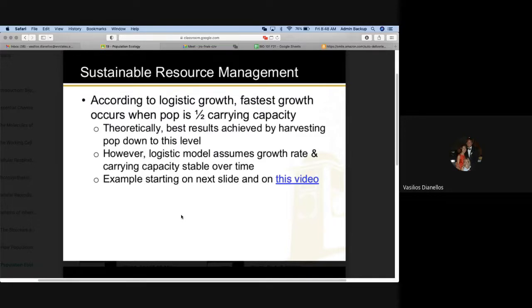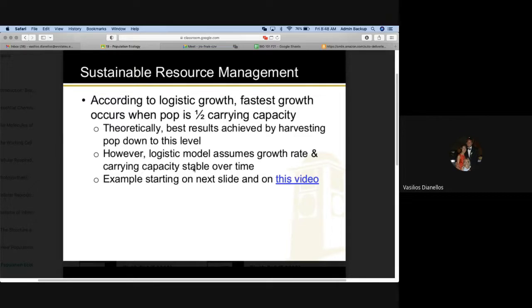Now that's a hard thing to do because first of all, you have to calculate the actual carrying capacity. As we talked about earlier, that's all theoretical. We don't actually know the exact carrying capacity usually. So you have to figure out what that is and then try to maintain or try to hit that sweet spot. I like that your book points out that the logistic model assumes growth rate and carrying capacity are stable over time, but that's not true, right?